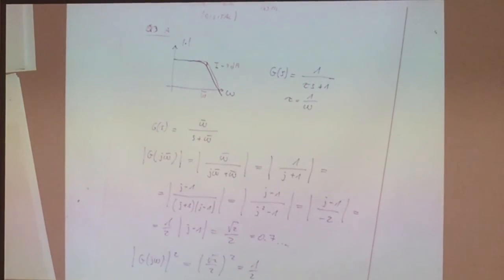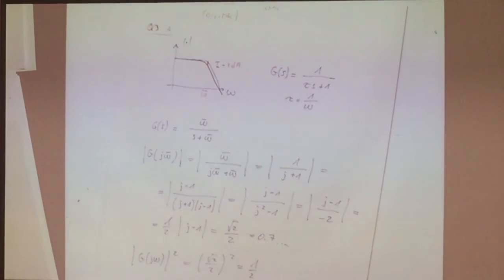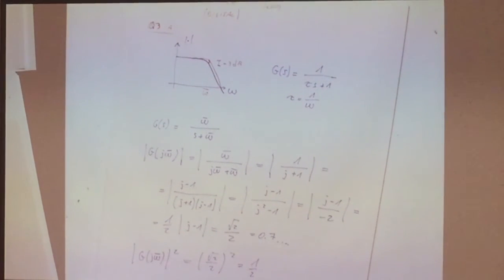So the power has decreased by 1/2 at omega bar. And that's exactly the definition of the cutoff frequency, minus 3 dB.